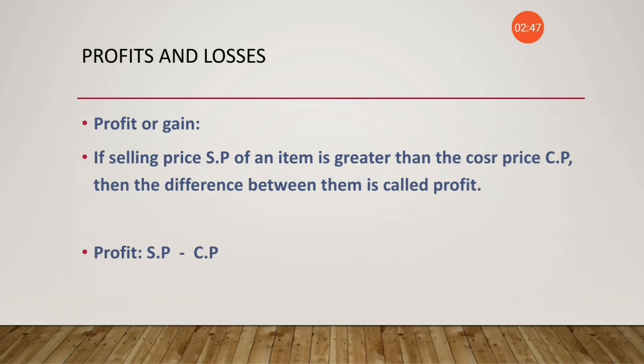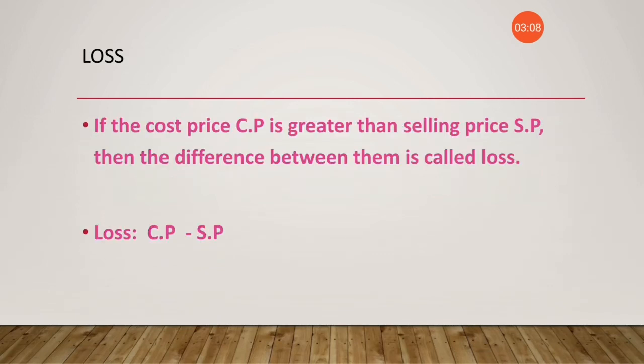When you go to any market, we always prefer to buy any item or material and get a profit. If we get the profit, it means we are gaining money. So that is profit. And second, loss.